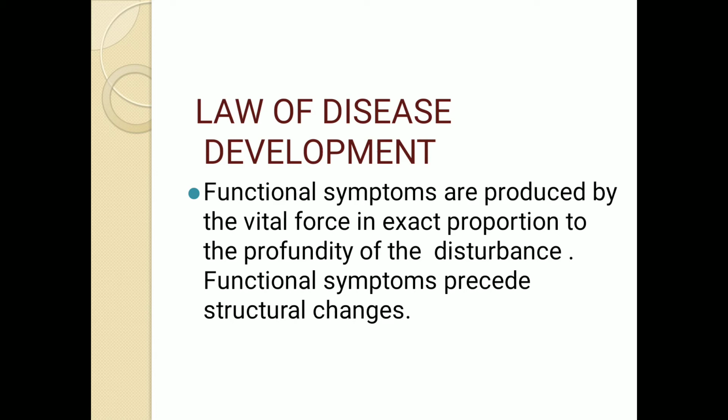So this is how pathology advances in diseases. First functional derangement, and lastly the structural or cellular changes happen. So derangement of vital force is directly proportional to the severity of the functional symptom.